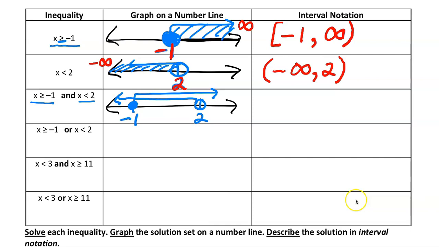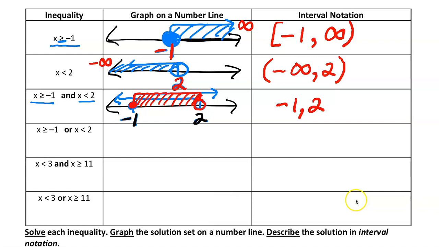Where do these two lines intersect? It looks like they intersect everywhere inside here. So that graph would be the intersection for this compound inequality. To write that, we do the leftmost number, which is -1, and then the rightmost number is 2. So we have -1, comma 2.